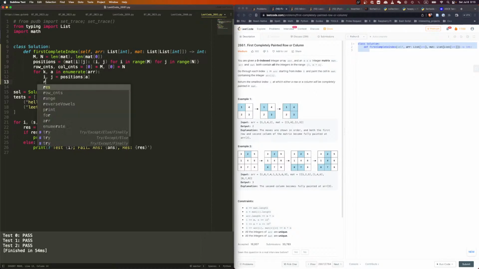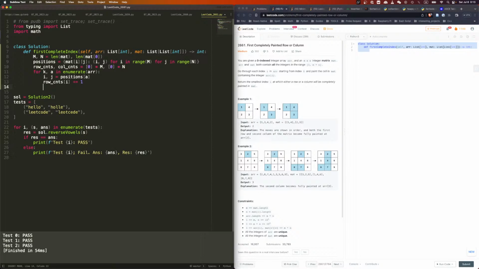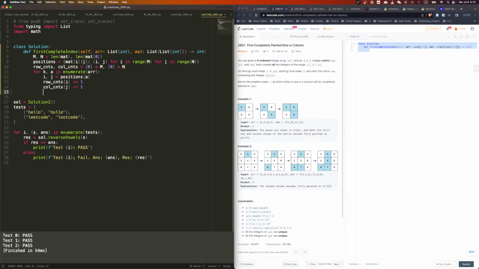And then we painted it, so we say row counts i plus equal 1, column counts j plus equal 1. If row counts i is equal to... no, row counts is equal to n.